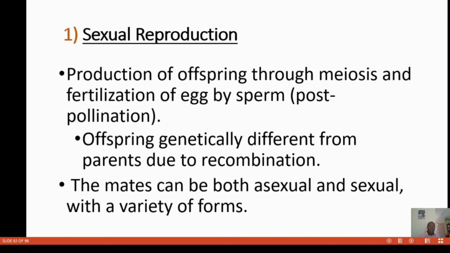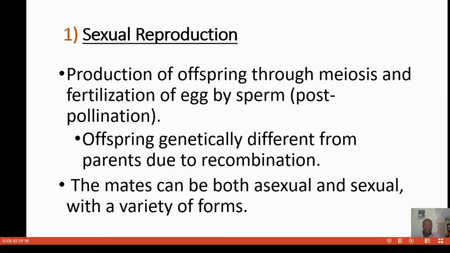So in the process features, we have sexual reproduction, where we have the babies resulting from meiosis and fertilization of egg by sperm following the pollination.